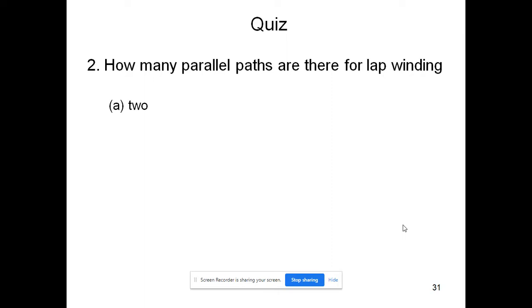Here the options are A 2, B number of poles, C both, and D none of the above. The answer is B number of poles. That is nothing but A is equal to P. A is the number of parallel paths, which is equal to P, nothing but number of poles.